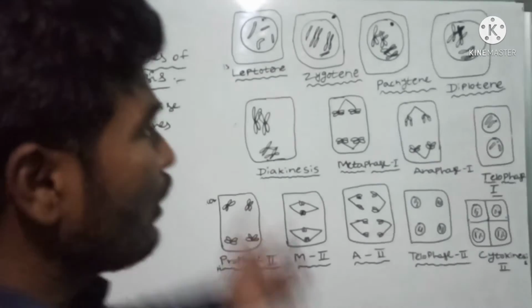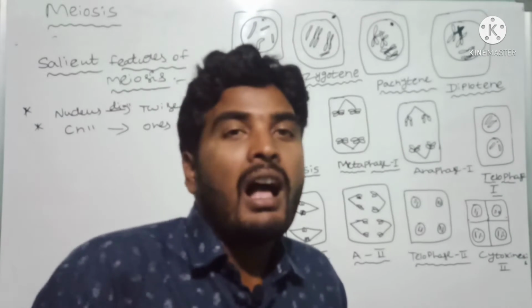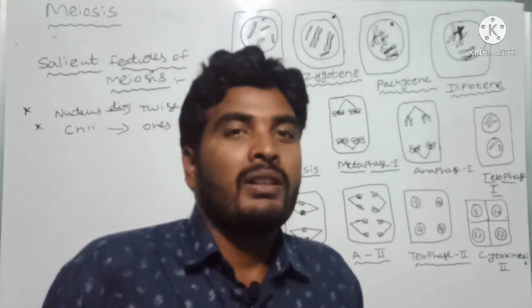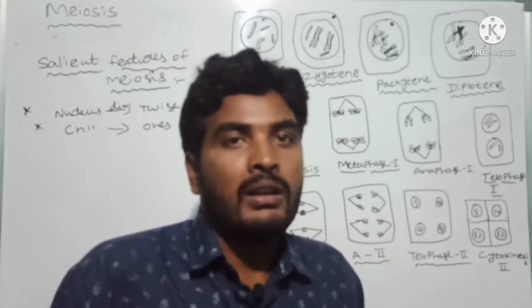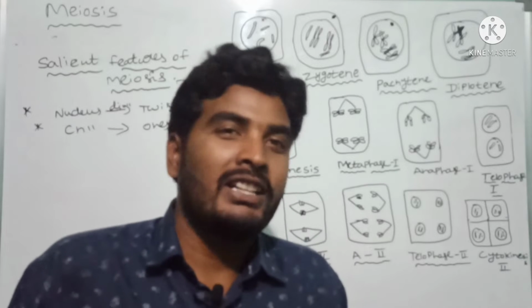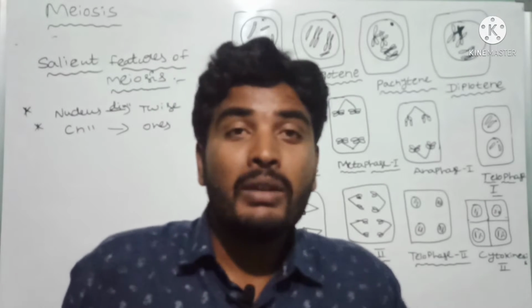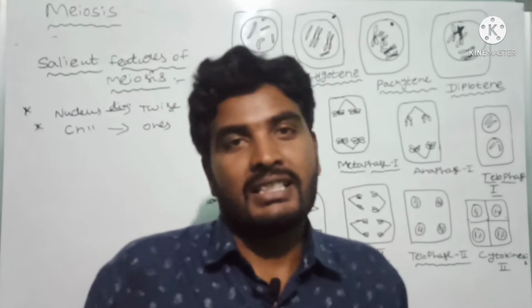Meiosis cell division starts after the parental chromosomes are replicated in S phase.